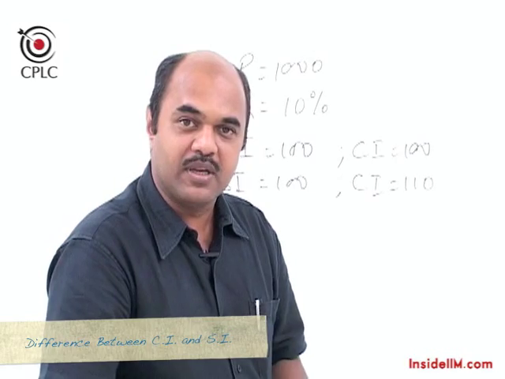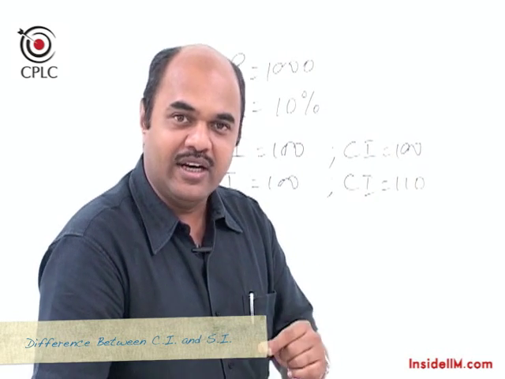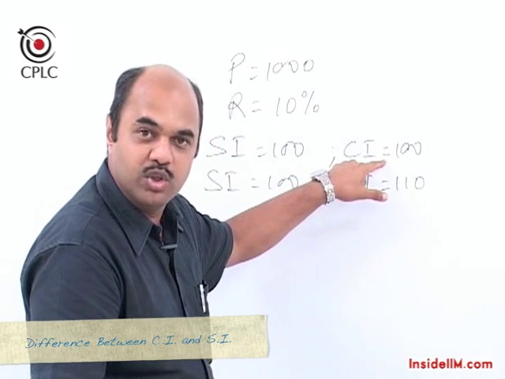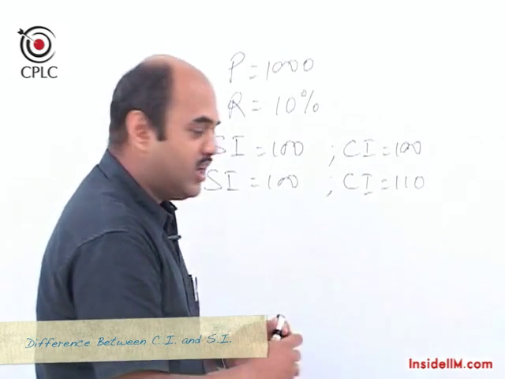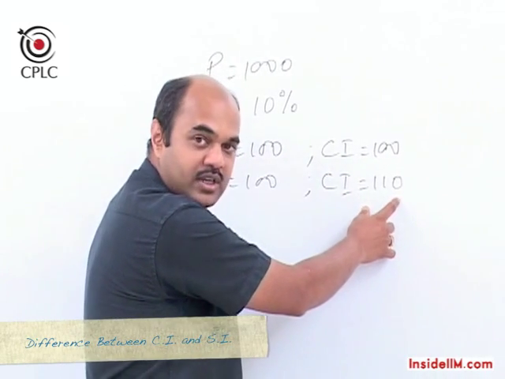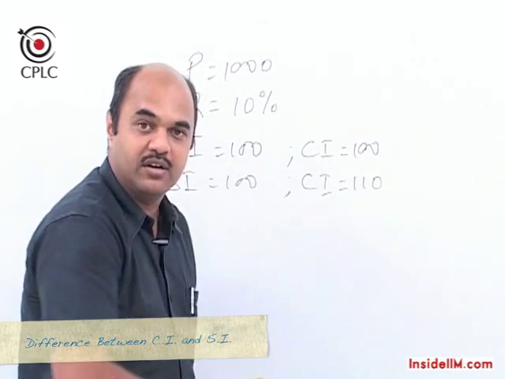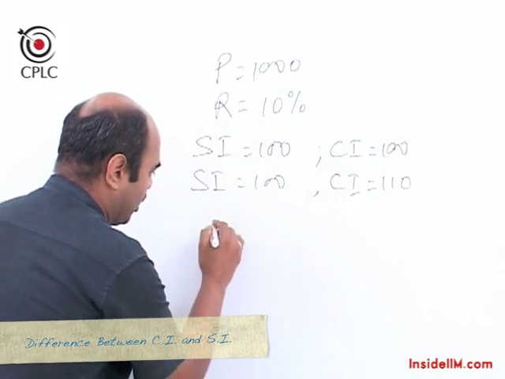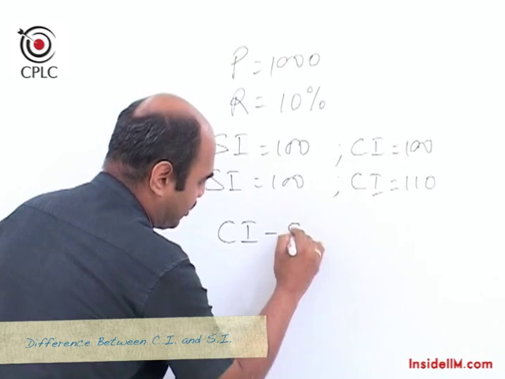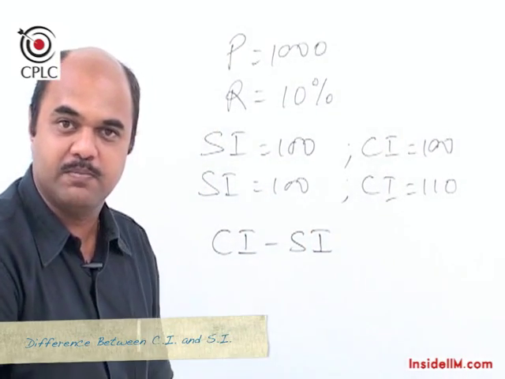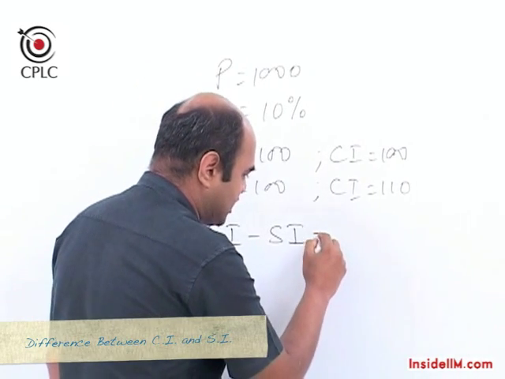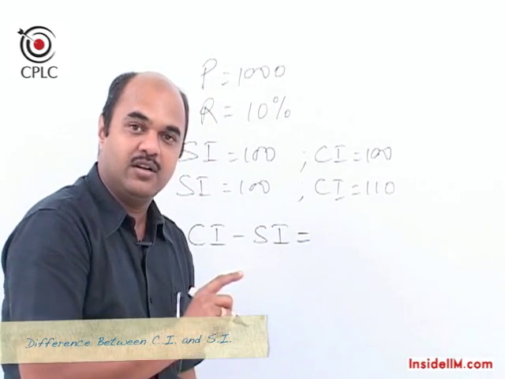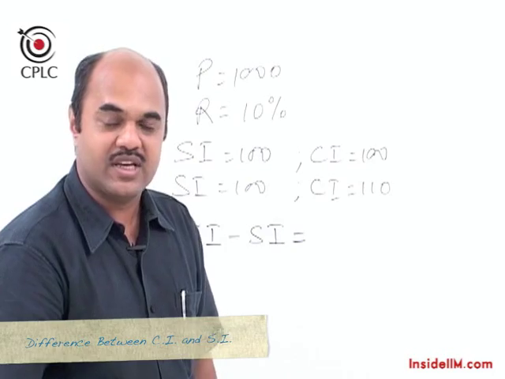The difference comes up because we add the interest of the first year to the principal, and hence in the second year we earn an additional interest on the first year's interest. So if we want to find out the difference between compound interest and simple interest in the first 2 years, the difference is due to interest on the first year's interest.